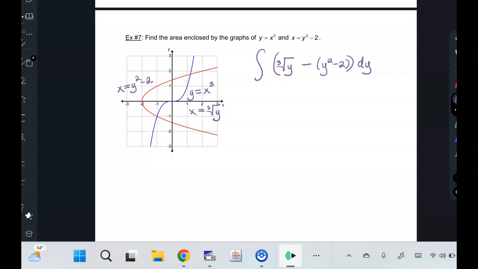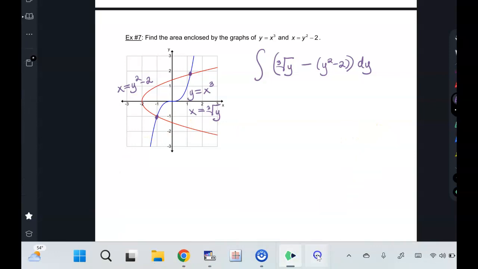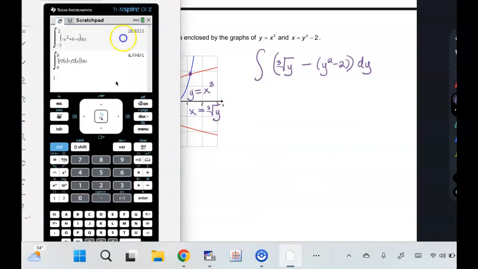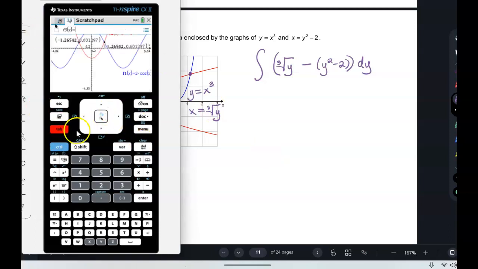So I have to find these two intersection points. I could set them equal to each other, or we could do it in the graph. If I did it in the graph, how would I type these two graphs in?